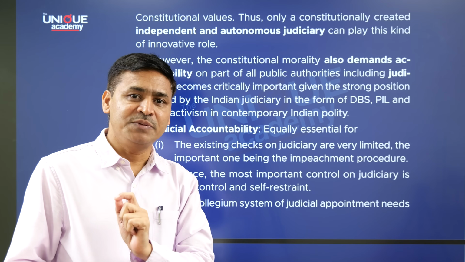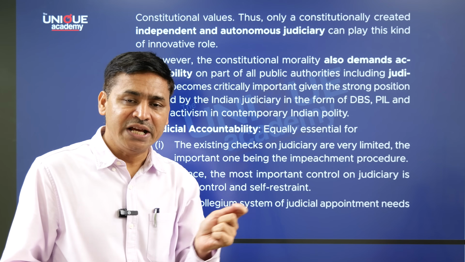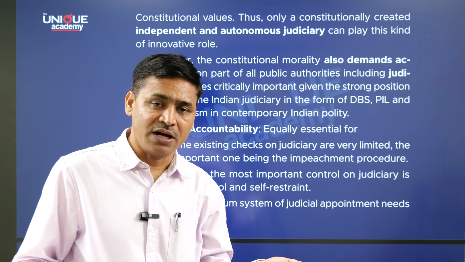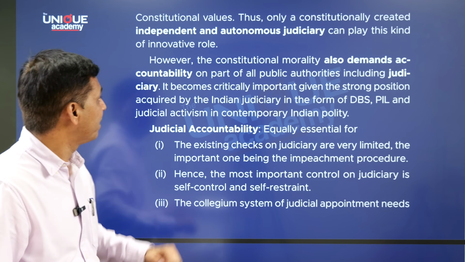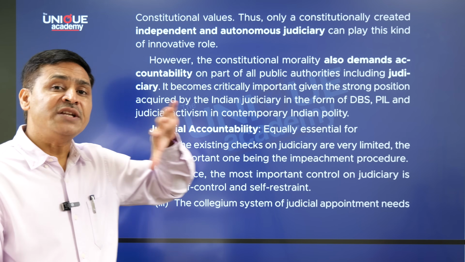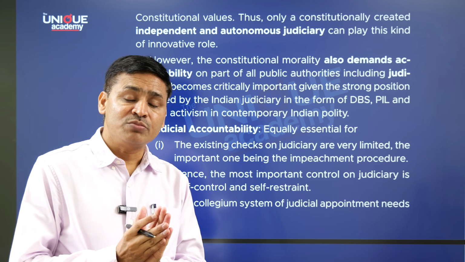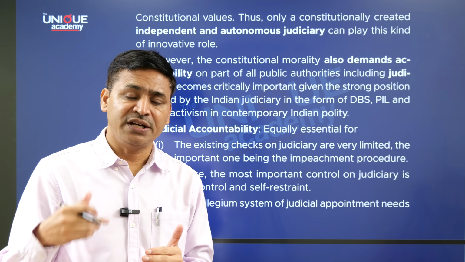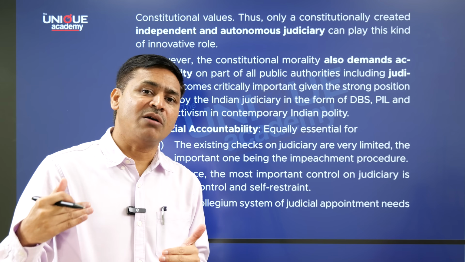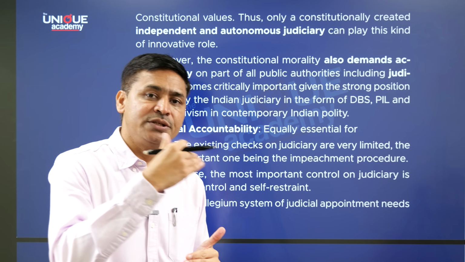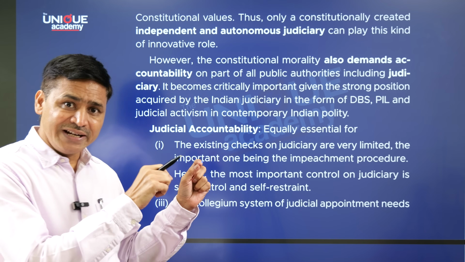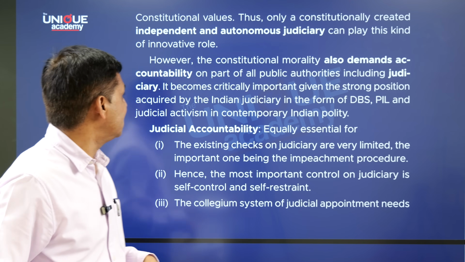That text and spirit is not only binding and obligatory for the people at large, but even the public authorities. And one important part of the code of conduct of public authorities happens to be accountability. Therefore, that accountability also applies to the judiciary. Not only independence, but accountability as well.